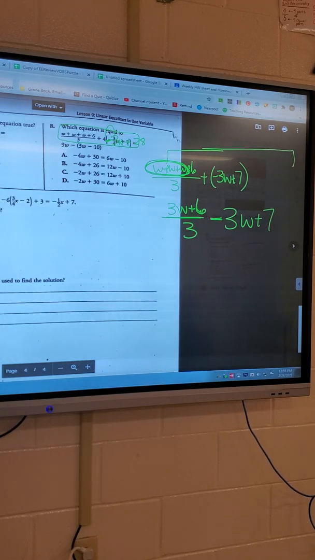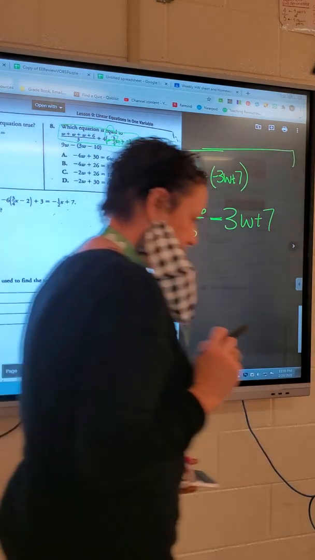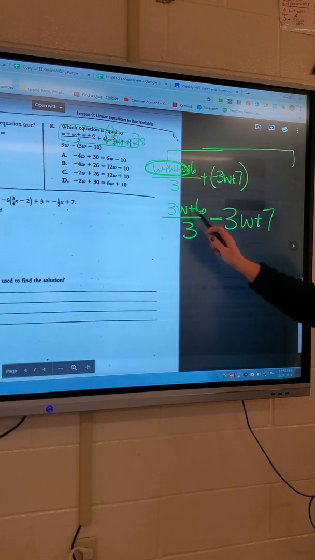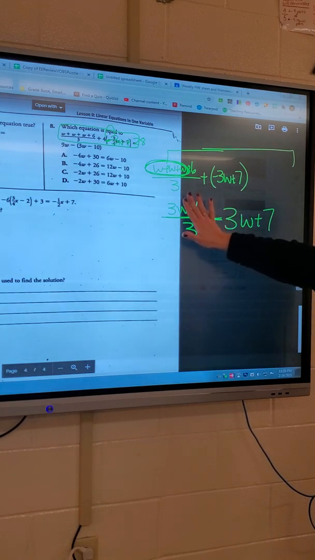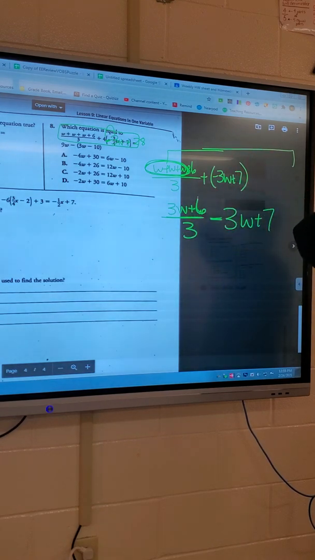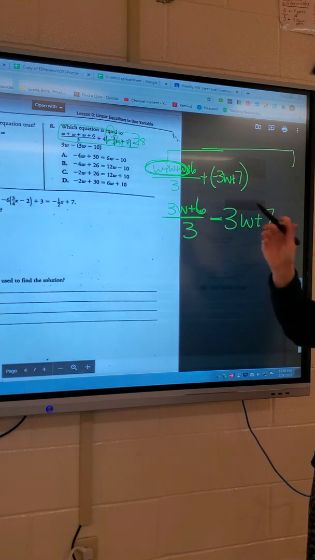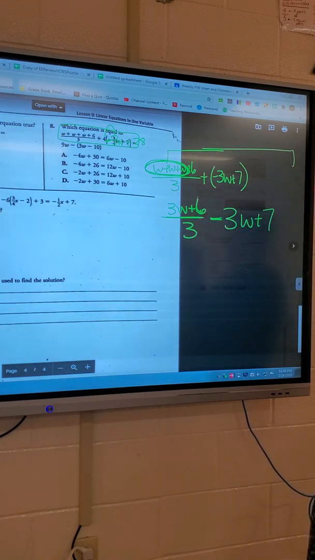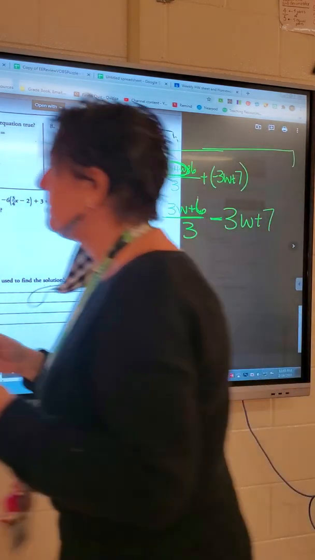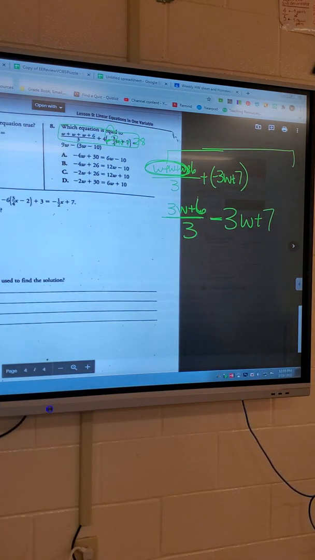Now, here's something I need you to understand with this right here. I don't like working with this like it is, and when we get on into slope, we're going to split it. This right here is the exact same thing. Let me show you something over here a minute. I'm just using easy numbers.